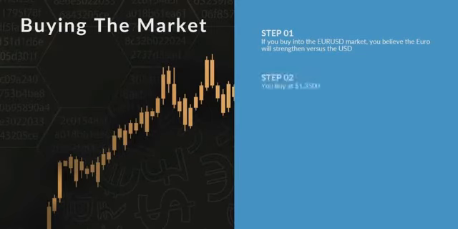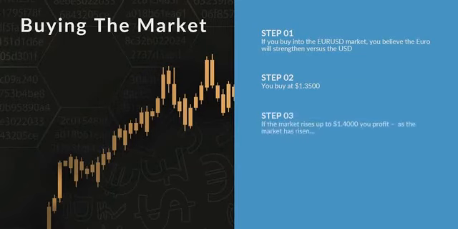So we buy €1, and that equals 1.35 US dollars. Now what we're hoping is that it goes up in value, so our euro at a future point in time is worth maybe 1.38, 1.39, 1.40 and so on.